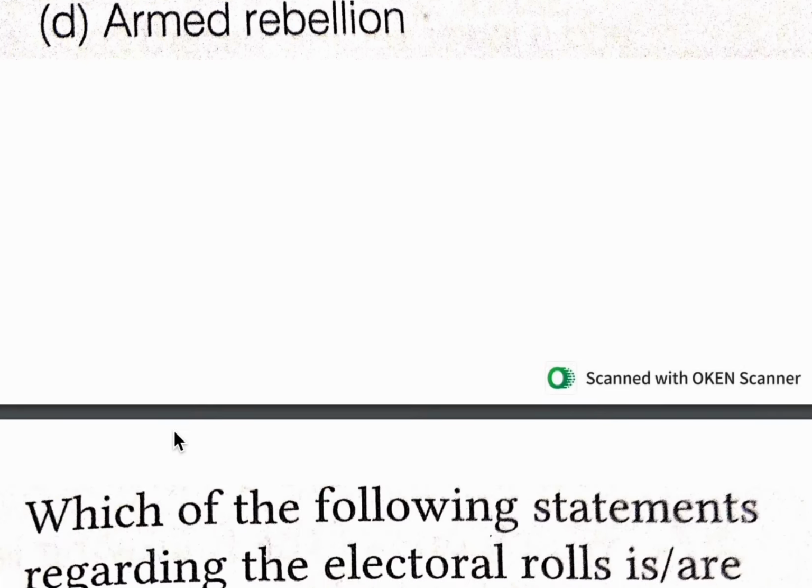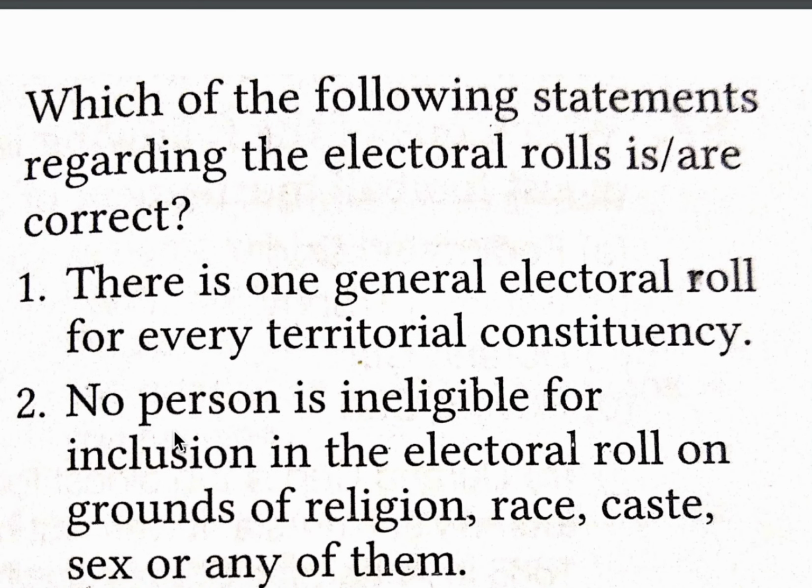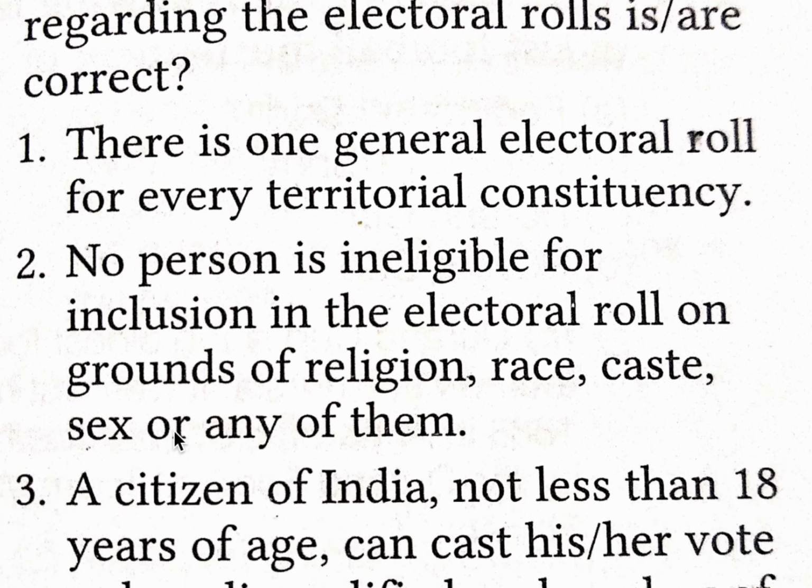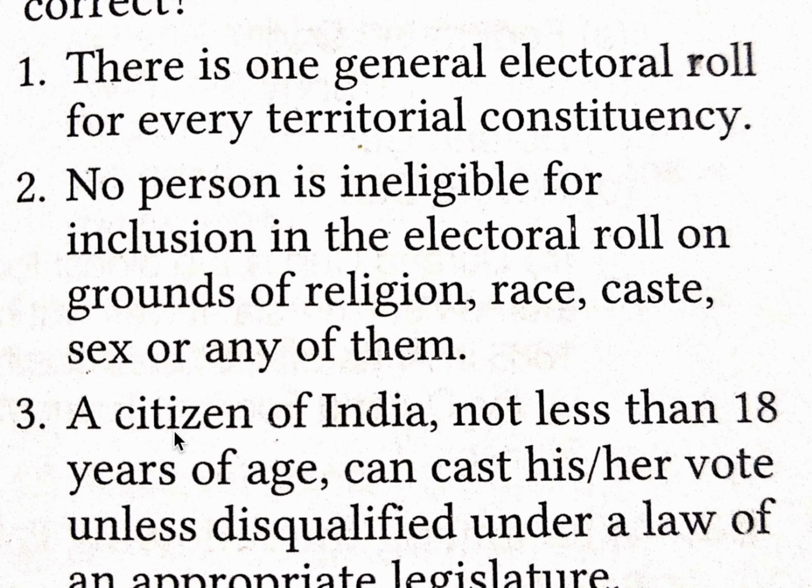The next question is, which of the following statements regarding the electoral rolls is or are correct? First statement is, there is one general electoral roll for every territorial constituency. Second statement is, no person is ineligible for inclusion in the electoral rolls on grounds of religion, race, caste, sex or place of birth or any of them.